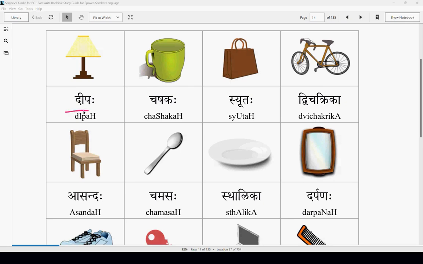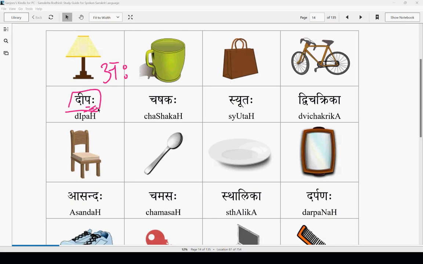So the Vachanam of the word Deepa is Ekavachanam. What is the Lingam? Lingam here is Pullingam. So generally, the word ends in a, and the ending sound is Visarga here, Deepa.